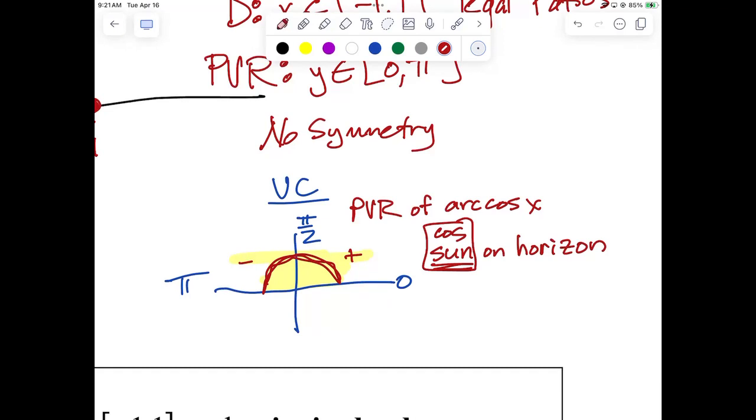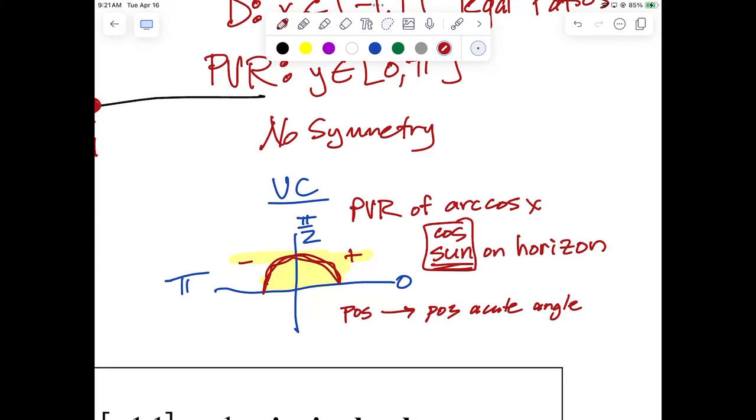So here's the consequence of this. You're never going to get a negative angle when you take the inverse cosine of something, like you did for sine, right? If you took the inverse sine of a negative ratio, you're getting a negative acute angle. You're never going to get a negative angle for arc cosine. But you might get an obtuse angle, right? Positive ratio means positive acute angle, just like for arc sine. If you take the arc cosine of a positive ratio, you're going to get a positive acute angle.